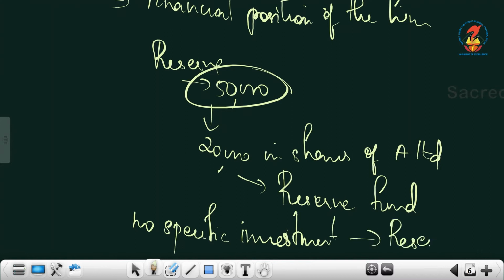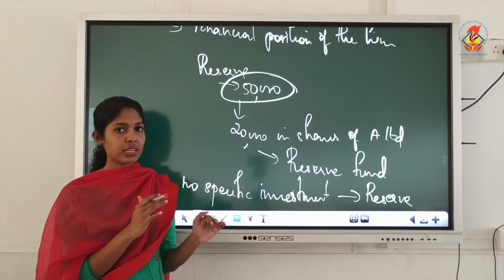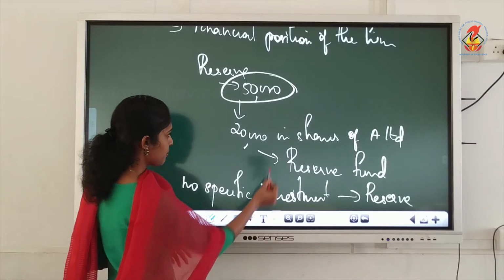If it is utilized for investing in other securities, you can term it as reserve fund. So these are the points you have to write under the meaning of reserves.